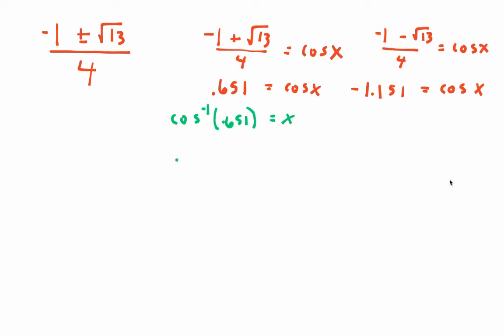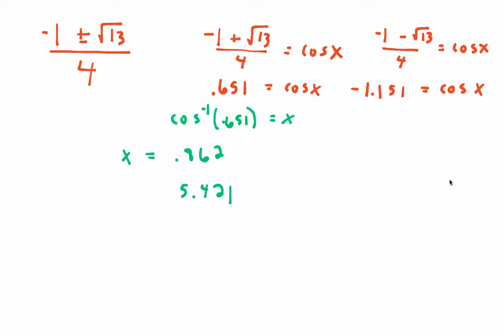I get 0.862. And remember, if it's cosine, the way you find the other value, just go 2 pi minus that value. So I'm going to have 2 pi minus 0.862. My other value is 5.421. Okay, those are my two values on this side.